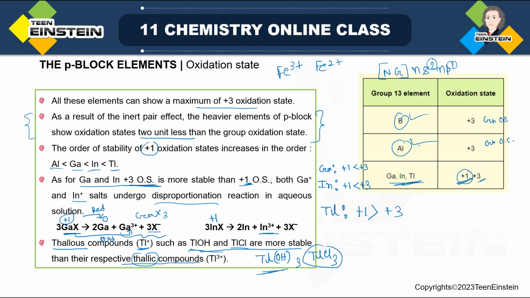So suppose Tl is reacting with some halogen, so mostly you will have a compound like TlCl. But if it is aluminium, the formula will be AlCl3. So the reason is this, that is oxidation state is different, and how it is changing down the group, all we have discussed in this slide.